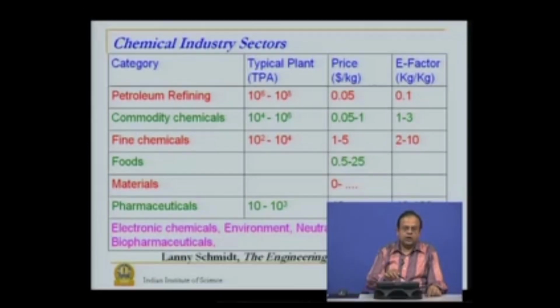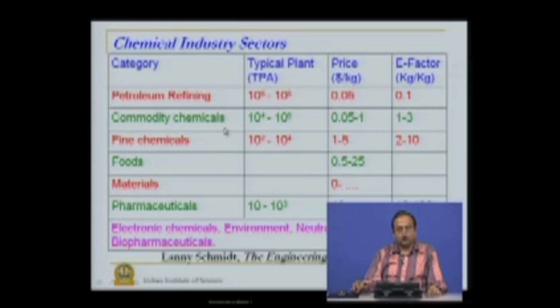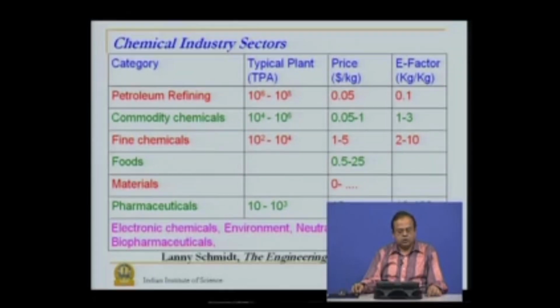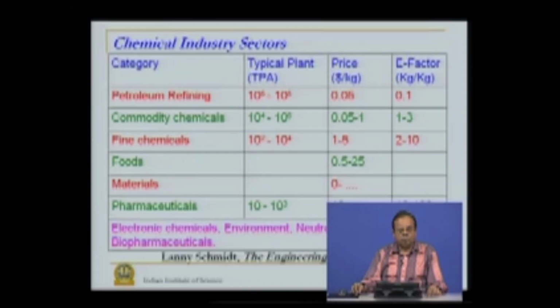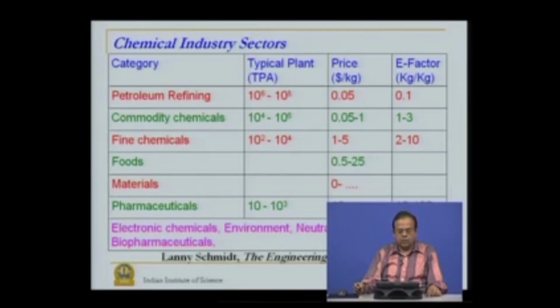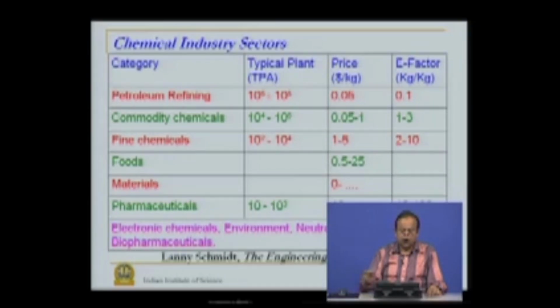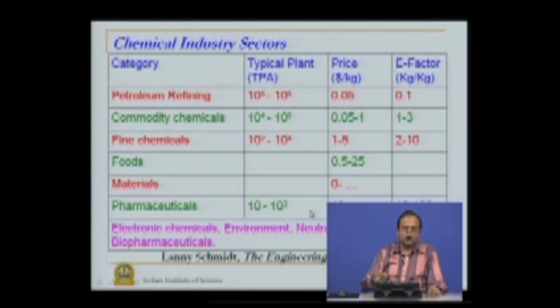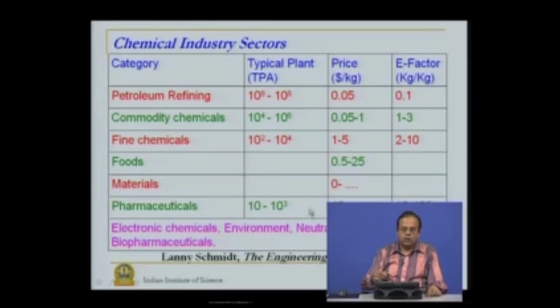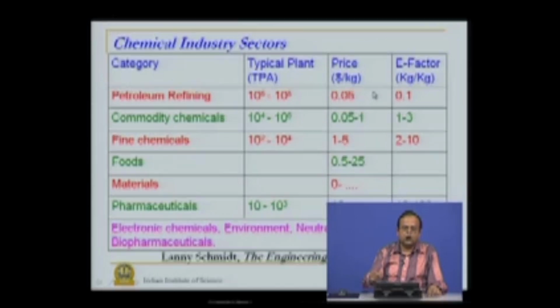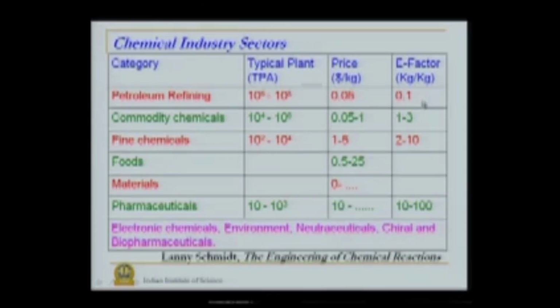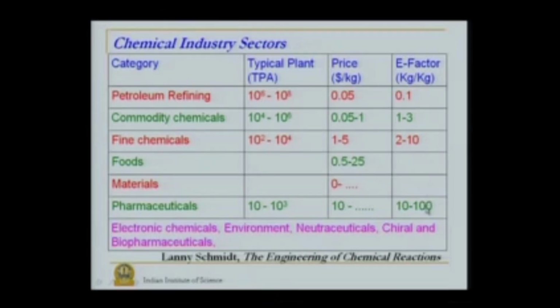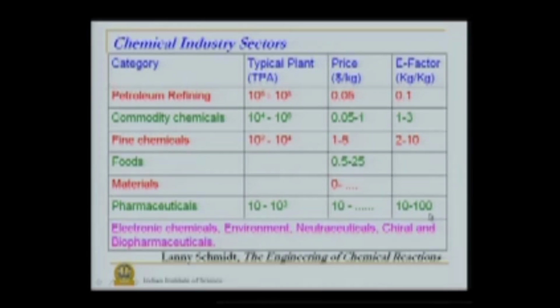Now, you can then look at other categories, for example, commodity chemicals, fine chemicals, foods, materials, pharmaceuticals and all the remaining others. What you see here is that the size of a typical plant is decreasing as we go down the list, but the price that the finished product gives us is increasing as the size is decreasing, and so is the waste, that is, undesirable material that is generated. For example, you take pharmaceuticals.